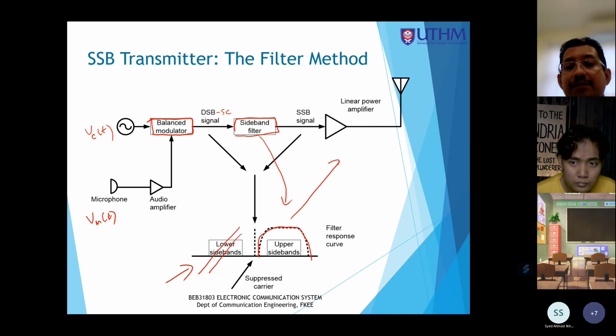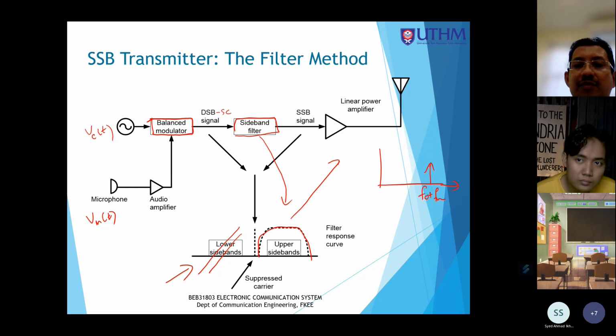So dalam example ini, apa yang terhasil adalah single sideband without carrier, which is FC plus FM, yang mana amplitude-nya telah dinaikkan lebih besar sebelum kita transmit through the medium.